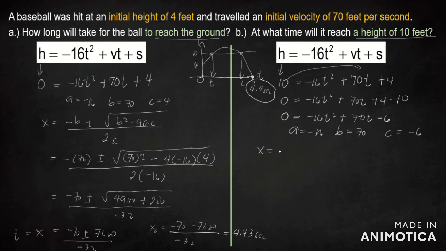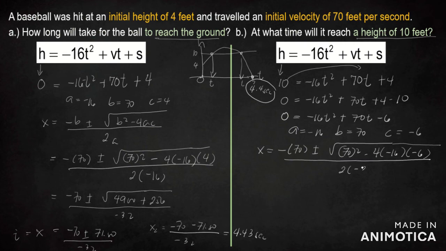I'll not write it again because obviously we don't have enough space here. So, we have the negative of B, that is 70, plus or minus the square root of 70 squared minus 4 times A, negative 16, times negative 6, our C, dividing by 2 times A, negative 32.